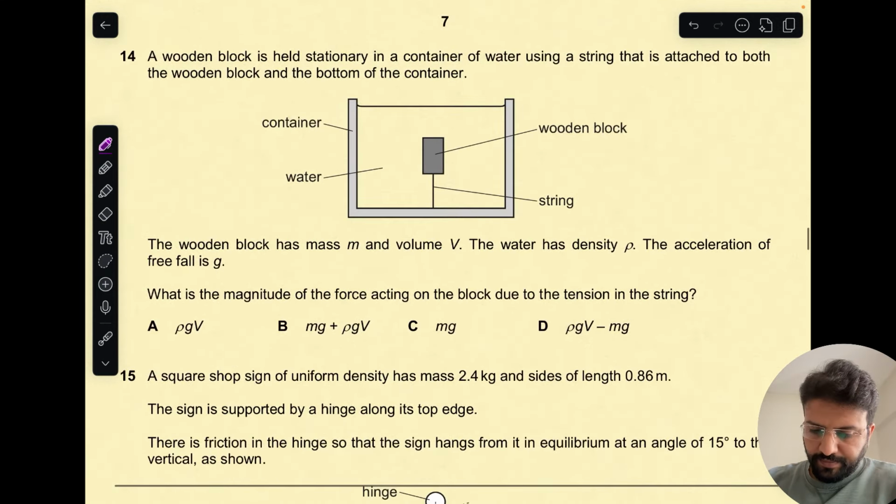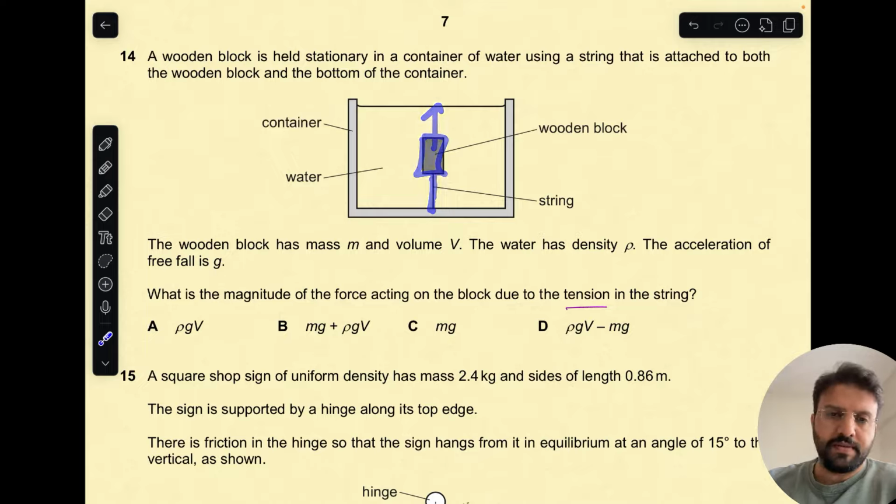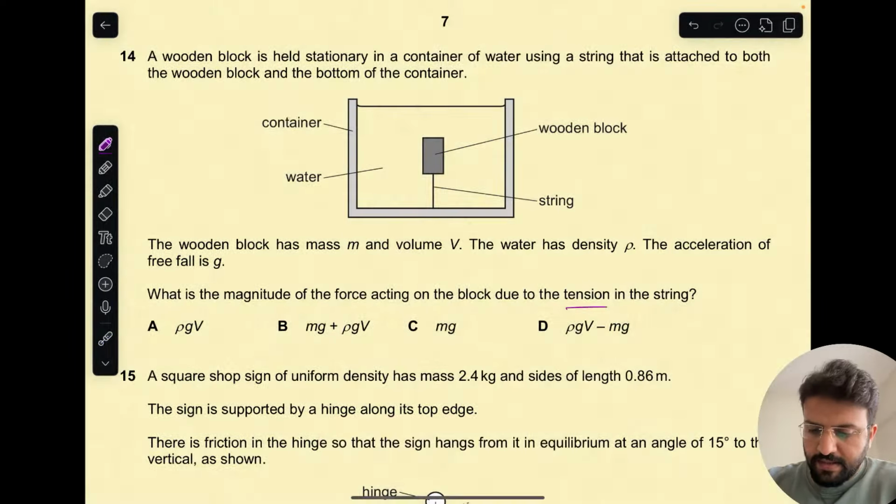This is the container in which this is the liquid, and there is some object in between the liquid, and there is a string attached to it. What this string is doing here is not letting this object float to the surface. So this string is applying a force that is downward, and this force is basically the tension that you have to find.